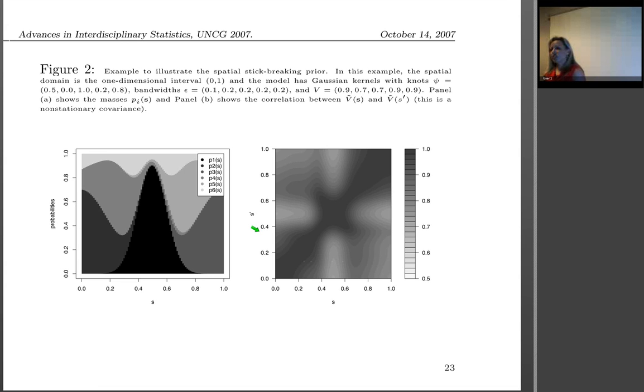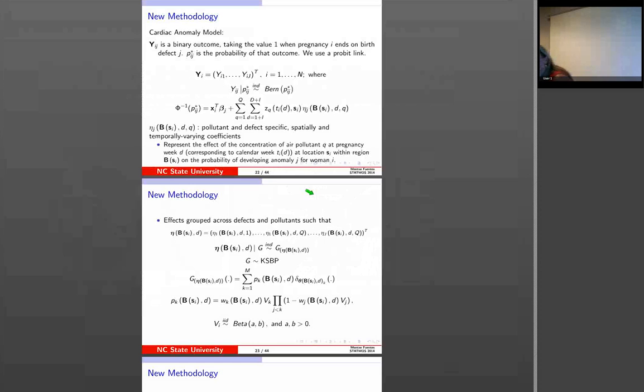If this was stationary in the one-dimensional case, the correlation between location 0.3 and location 0.5 would be the same as the correlation between location 0.4 and location 0.6, because they are both separated by the same distance. But in this graph, you can clearly see that the correlation between 0.3 and 0.5 is different from the correlation between 0.4 and 0.6, so you end up with a non-stationary, more general type of dependence structure.